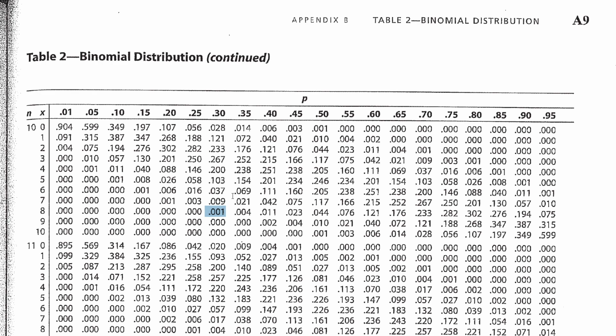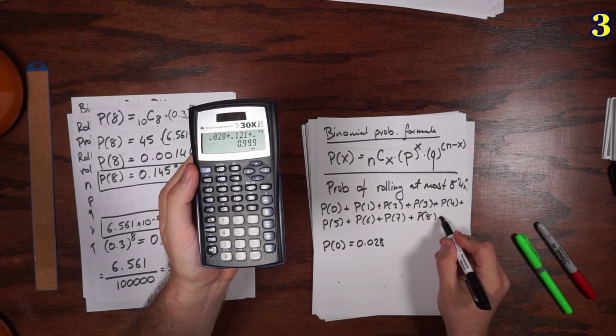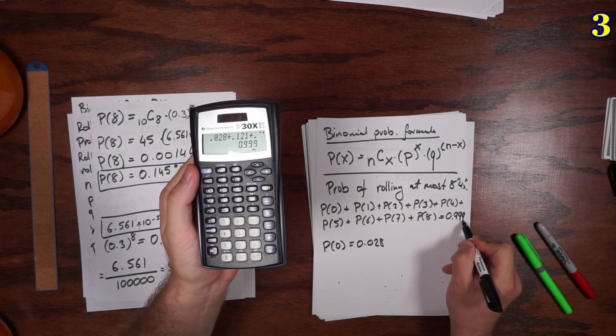If you add all of those up, 0.028 plus 0.121 plus 0.233 plus 0.267 plus 0.2 plus 0.103 plus 0.037 plus 0.009 plus 0.001, we get an answer that looks like this. So this whole thing is 0.999.